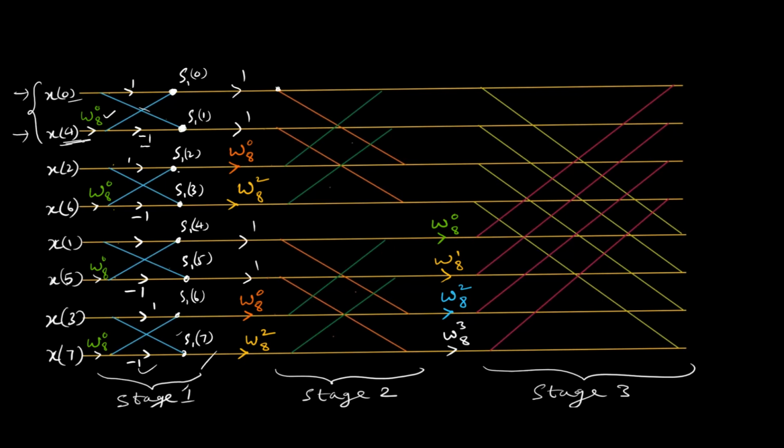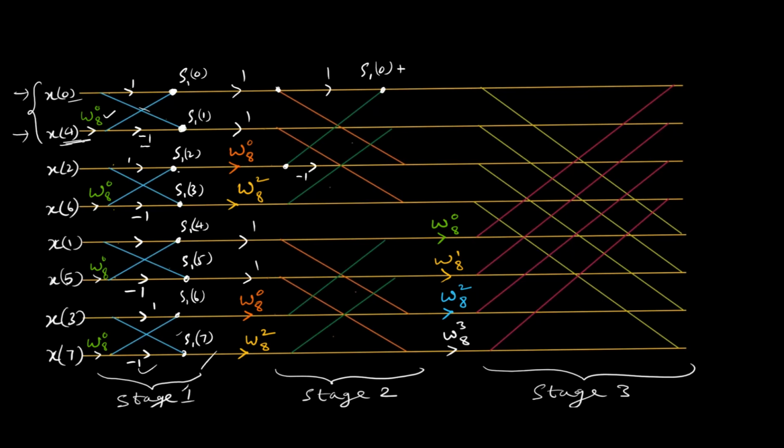S1 naught and S1 2 we are getting for this butterfly as input. So we can have output as S1 naught plus, and this side it will get plus, this is 1, let's mark this -1.